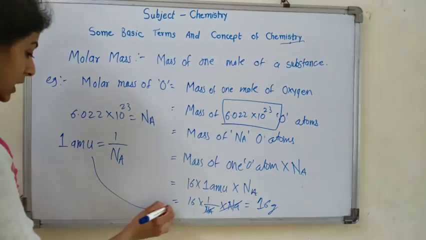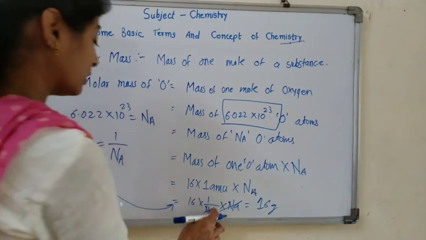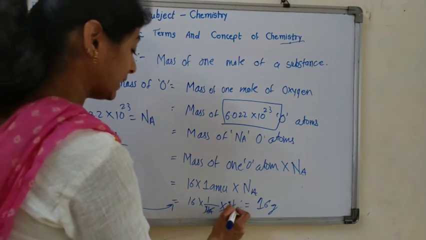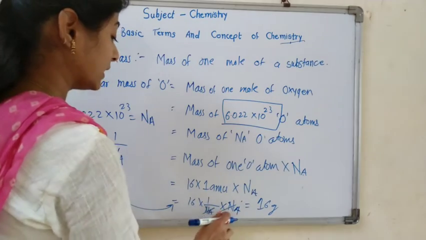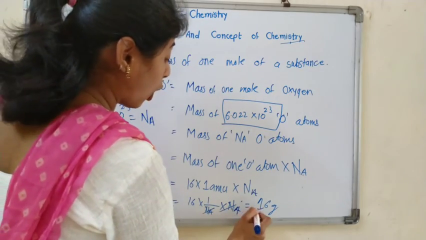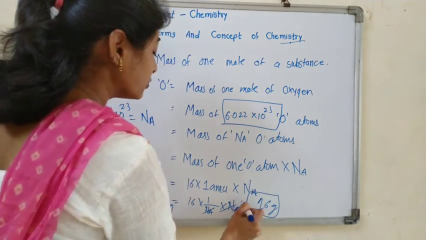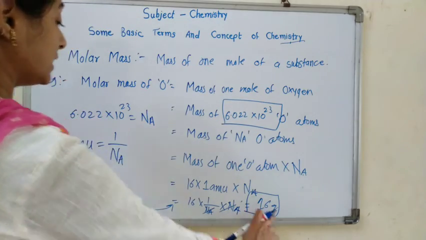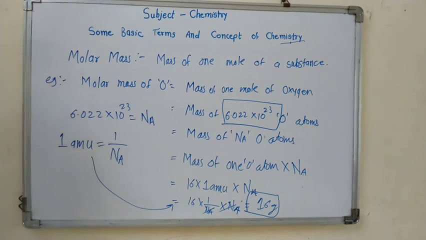So I can write here 16 into 1 upon Na into Na. Na will get cancelled. We get the value: 1 mole of oxygen atoms contains 16 grams. Okay.